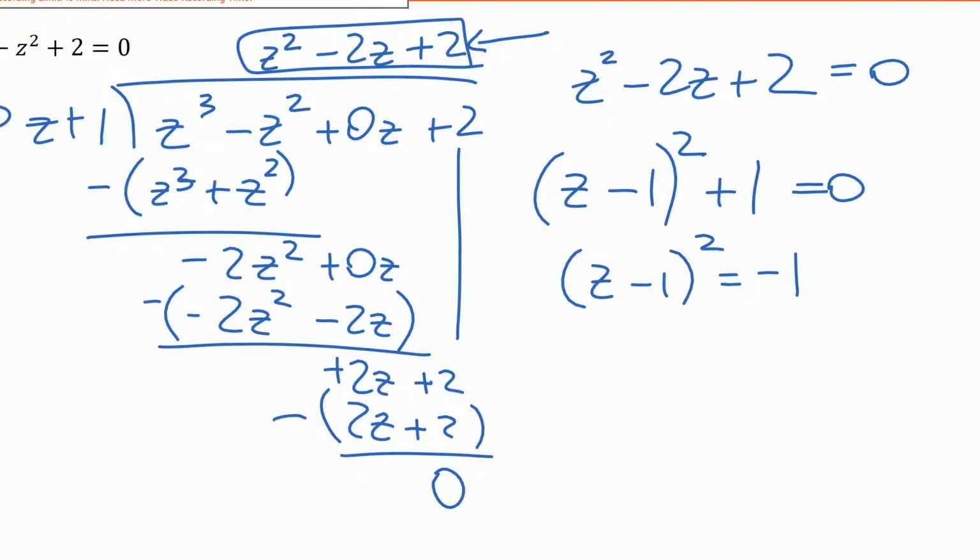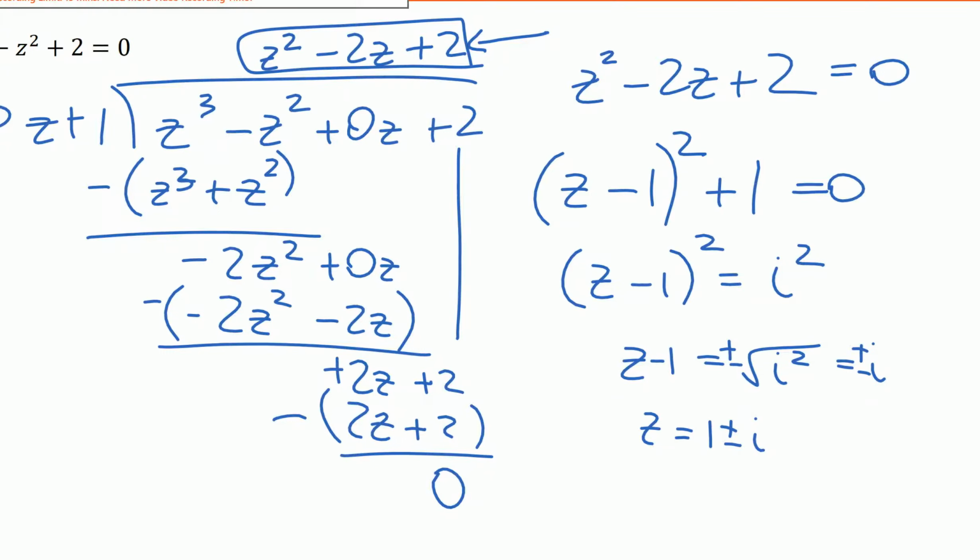What am I going to do? Change negative 1 to I squared, and then take the square root of both sides. So Z minus 1 is plus and minus I. So Z is 1 plus or minus I.